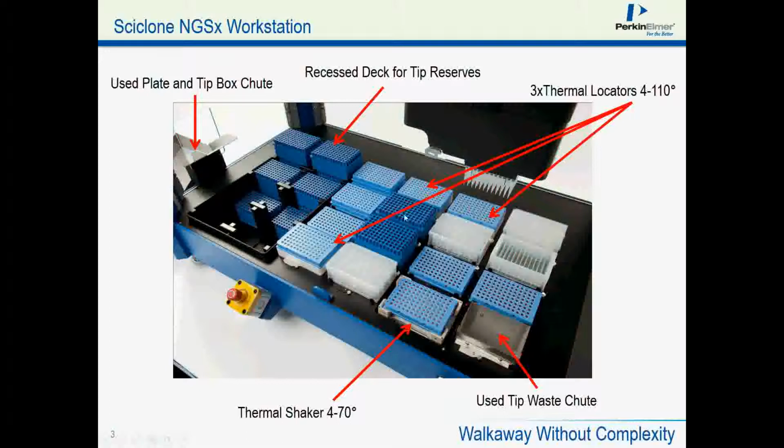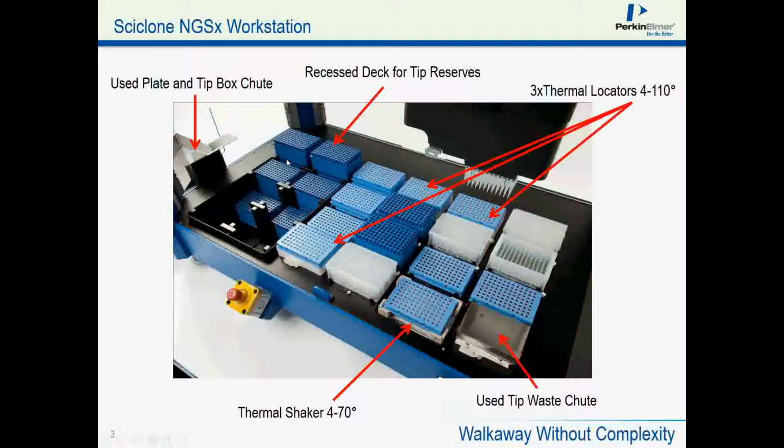Because you may notice this deck has a lot of microplates on it, we can run a whole process without having to add microplates. And you may notice on some of these locations towards the back that there are plates that are stacked.